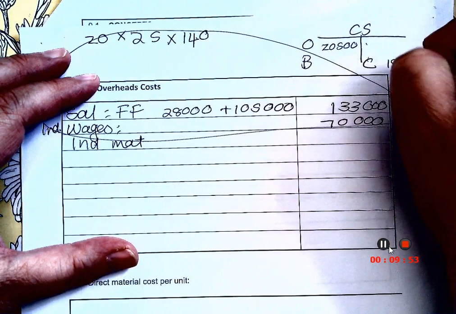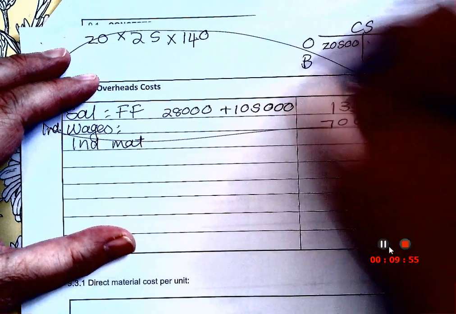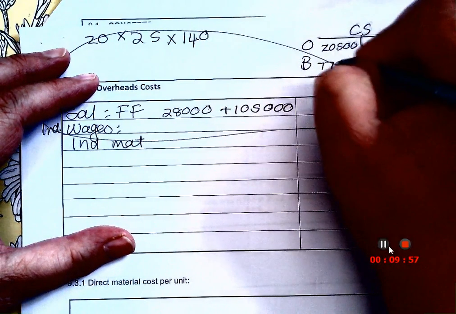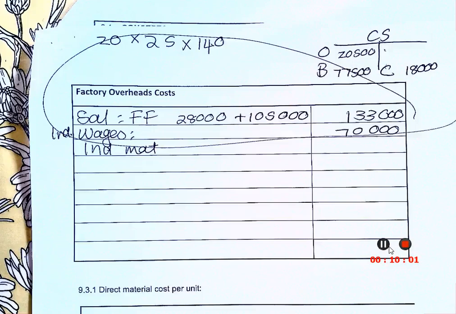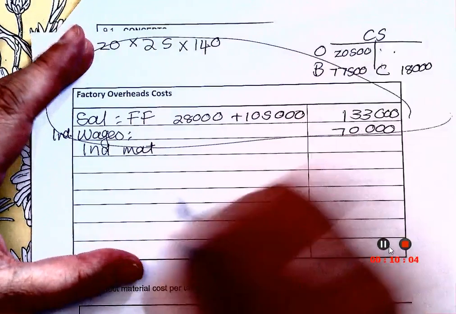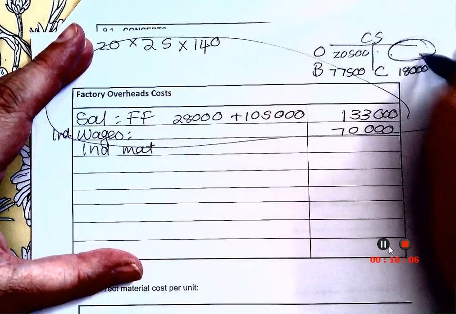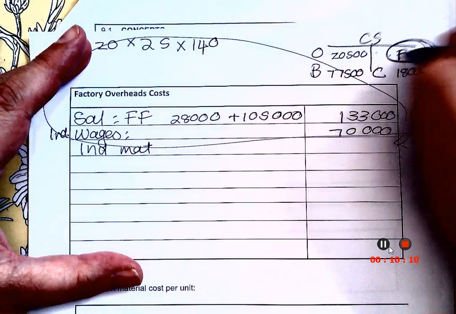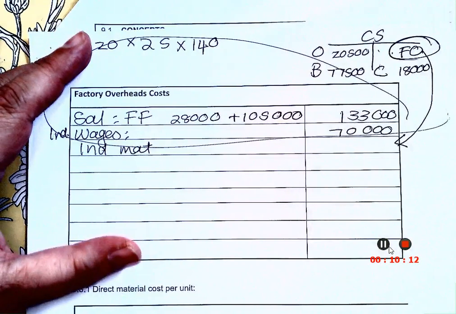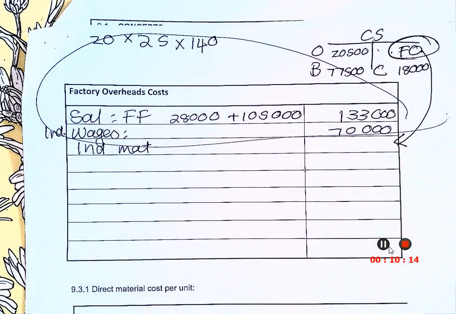They say we bought cash 77,500. And that's all. Nothing was returned, nothing happened. So how much goes to factory overheads? So all the exercises so far, it balanced on factory overheads.